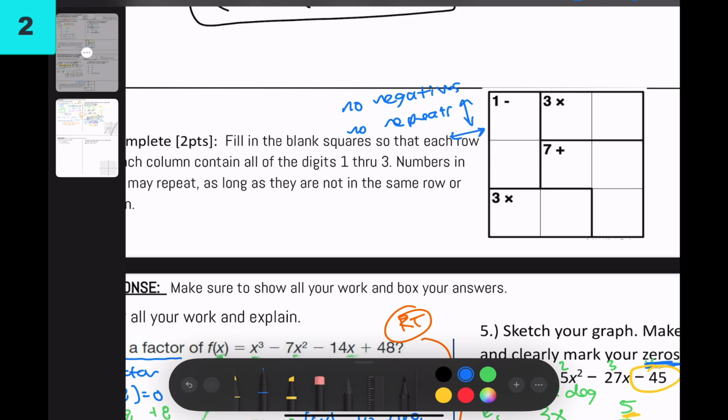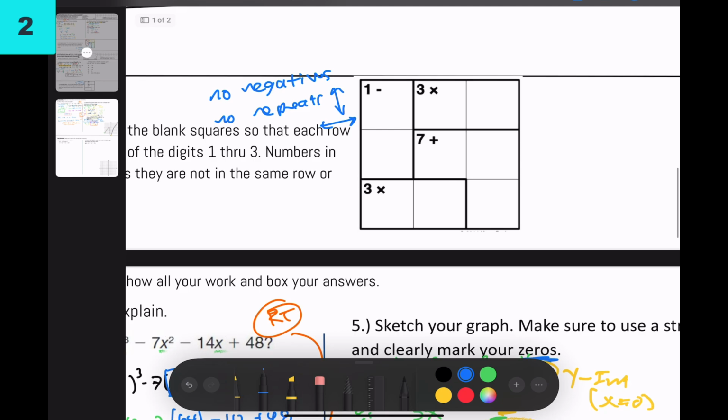Okay, sometimes you just have to take a guess, which I'm going to guess right here. And I'm going to first tackle this one. This cage has 3 numbers that add up to 7. So I'm thinking of, it could be 3, 3, 1. Can do 4. So let's do 3, 3, 1. Okay, you can repeat in a cage.